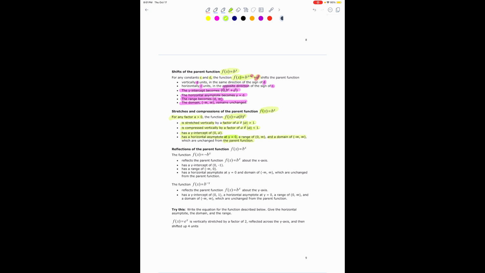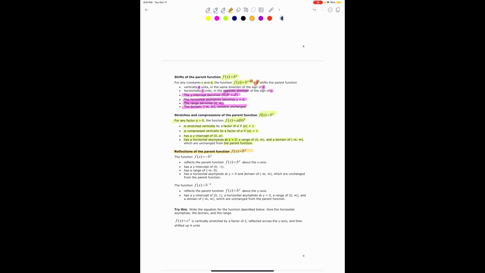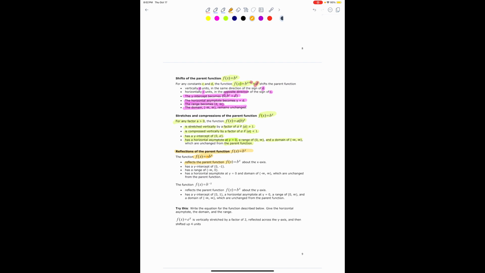Reflections of parent functions. So reflections of the parent function f of x equals b to the x power. We know that the vertical reflection, if you have f of x equals negative b to the x power, this reflects the parent function f of x equals b to the x power about the x-axis, or vertical reflection.